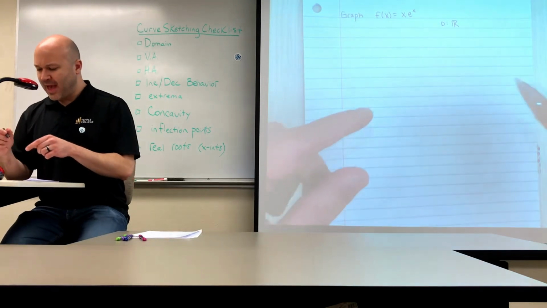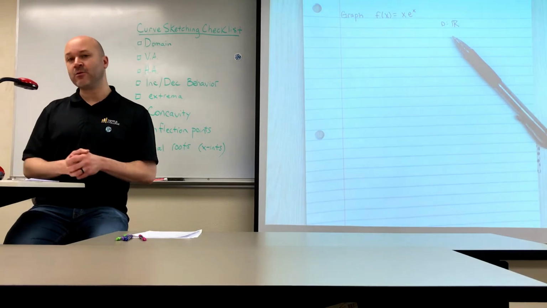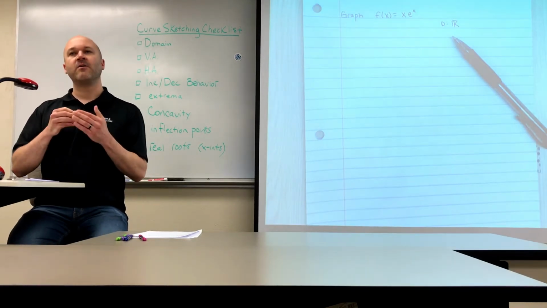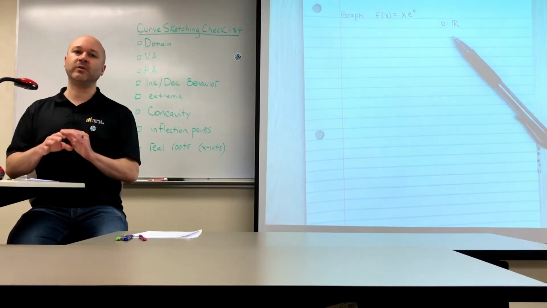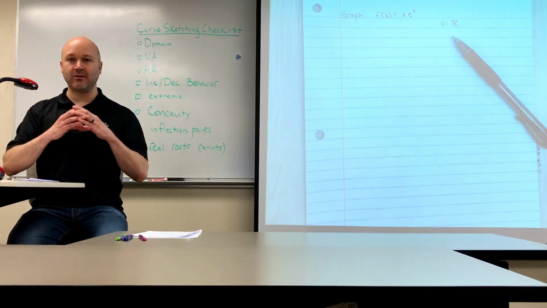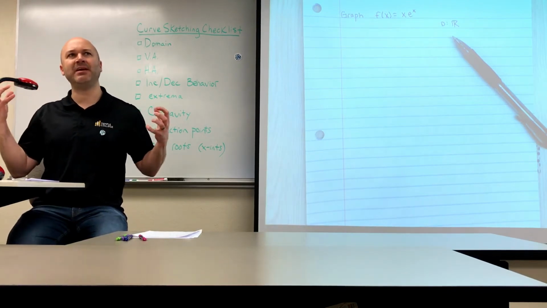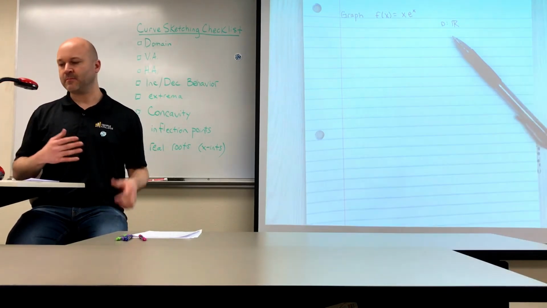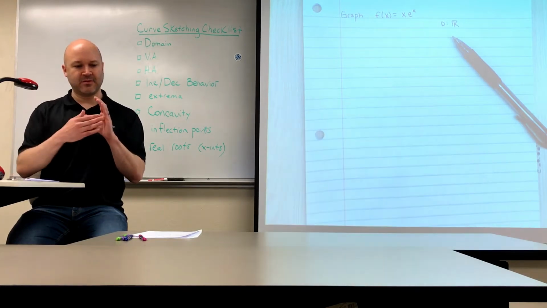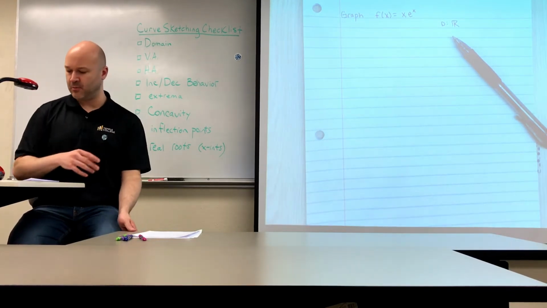All right, since I talked about domain, it might be wise to talk about vertical asymptotes next. Vertical asymptotes will only occur at points of discontinuity, or like domain restrictions, basically, and then maybe endpoints of a function. Like if for some reason I'm bounded by 2, then I may have a vertical asymptote at 2.